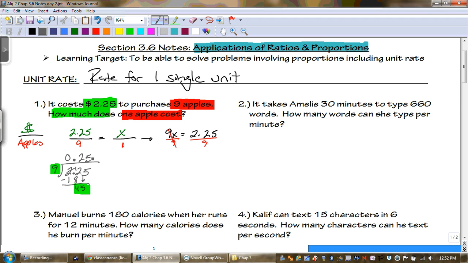Well, exactly 5 times. 9 times 5 is 45, and then we're done. Okay, so we get that x equals 0.25, or we can say that it costs 25 cents.